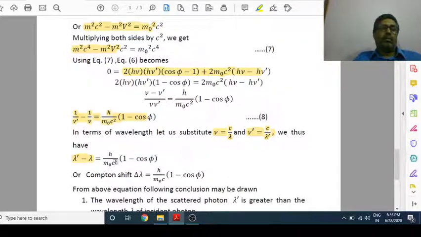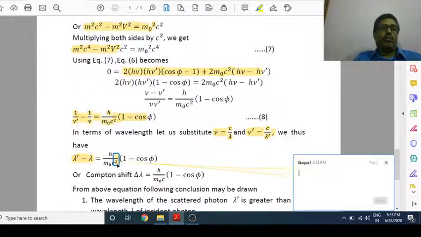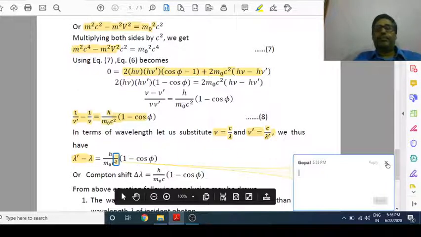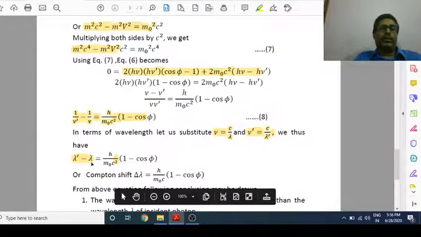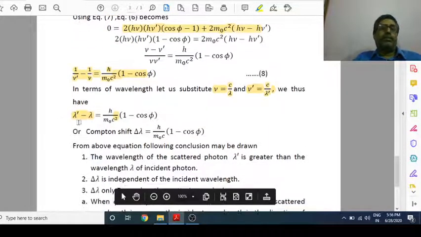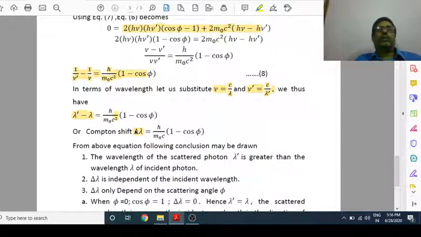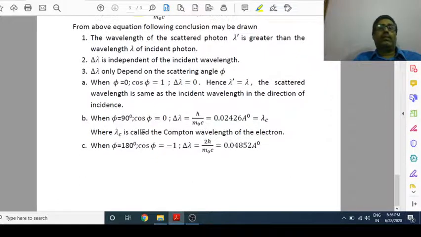Actually this will not be c square, it is a mistake, so correct it, it will be m0 c. So lambda dash minus lambda is the difference of wavelength, that is the Compton shift, meaning the amount by which the wavelength changes. And this was our target.